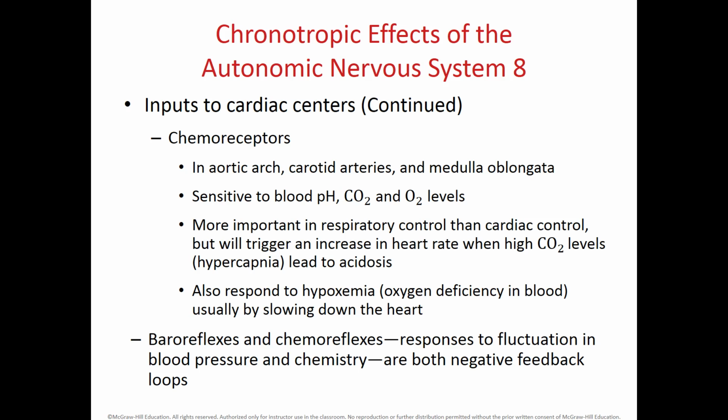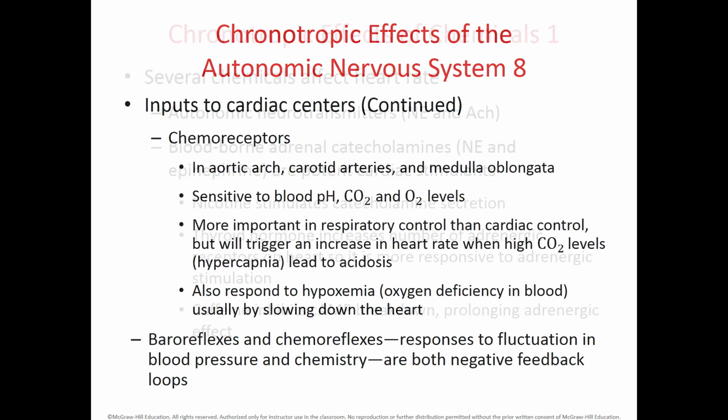Okay, and you can have both of them working together, the baroreflexes and chemoreflexes, which helps to prevent sudden changes in the blood pressure or sudden changes in the chemicals within our body, to prevent so many swings in homeostasis.